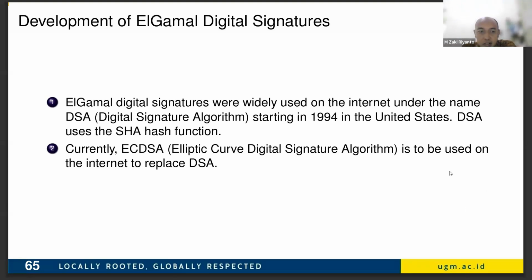The DSA is actually the ElGamal digital signature using the SHA hash function. And now, on the internet, many use the ECDSA, or Elliptic Curve Digital Signature Algorithm.